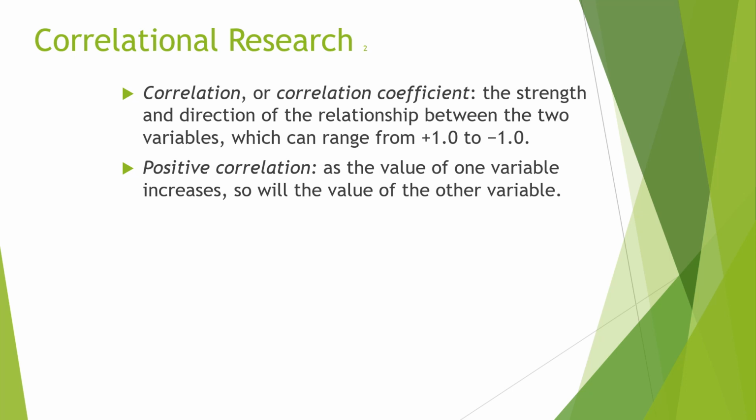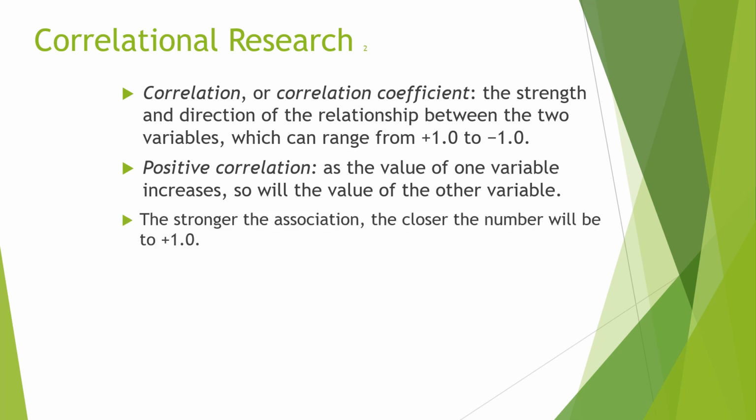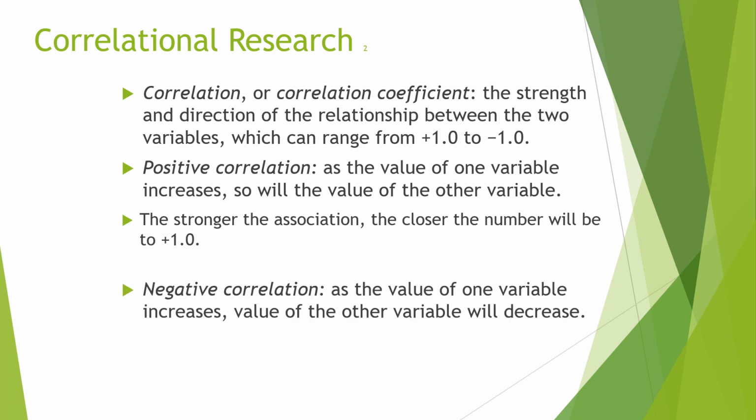That's a positive correlation. As calories increase, weight increases. So the stronger the association, the closer the number will be to 1.0. So positive means that the variables are going in the same direction. However, you can also have a negative correlation. And that is as one variable increases, the other variable decreases.